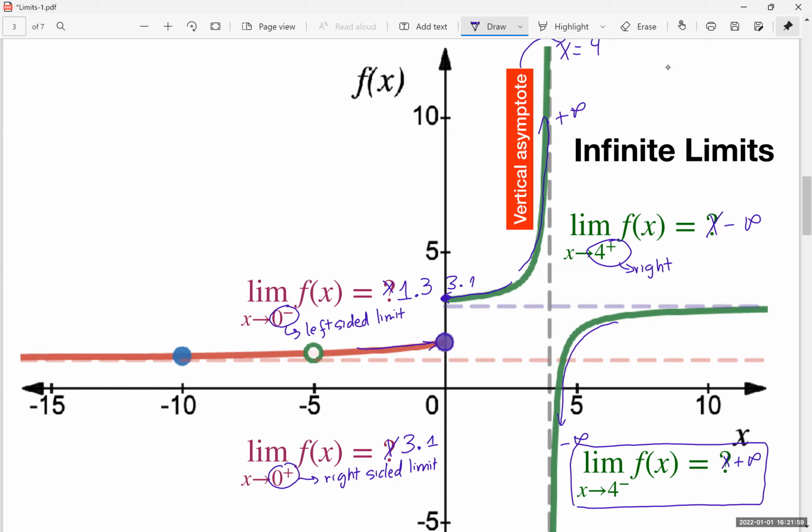And these two limits here, since the limit values are non-finite, that means we have infinite limits. And you can notice that infinite limits occur at vertical asymptotes, right? Because if you have vertical asymptotes, then your function will blow up to either positive infinity or negative infinity. That is where you have infinite limits.